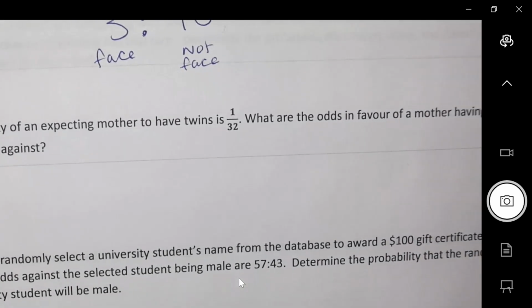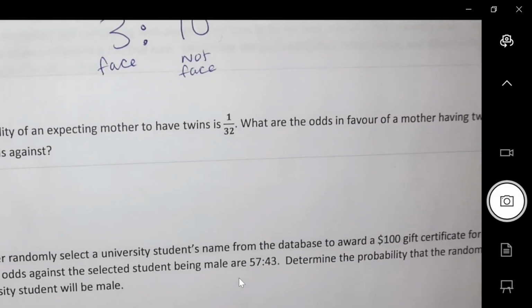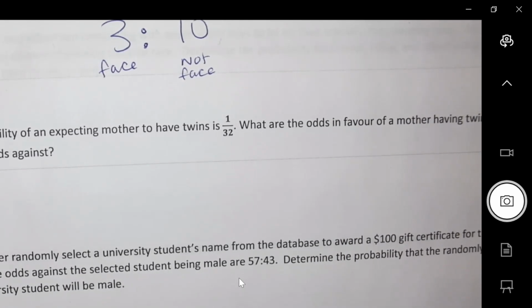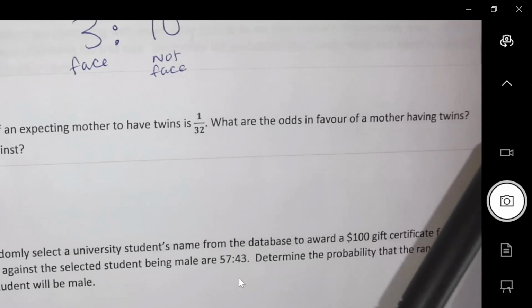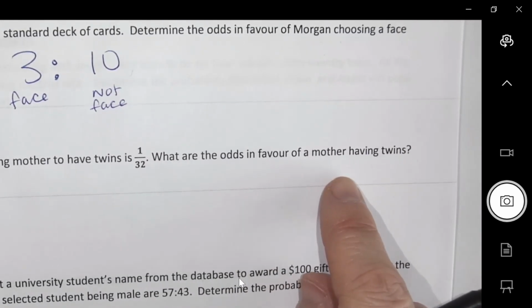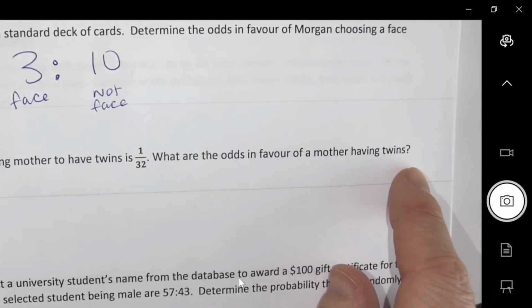Okay, number 2. The probability of an expecting mother to have twins is 1 out of 32. What are the odds in favor of the mother having twins?